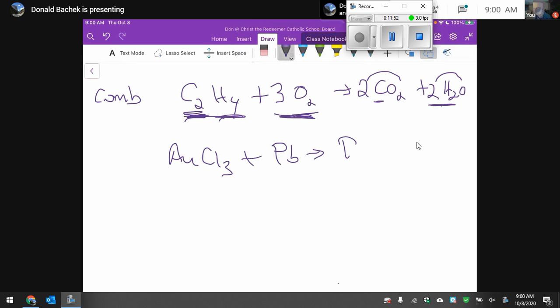And lead. Pb, what do we got? Cl4 here and Au. All right. Again, this would be what kind of reaction here? Somebody tell me. Single, yeah. So single, and we know that because we have a metal here, right? And the metal, of course, is going to switch with the metal here, and that's what's going on here.